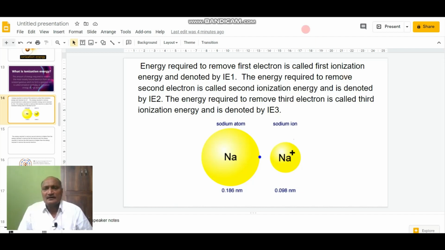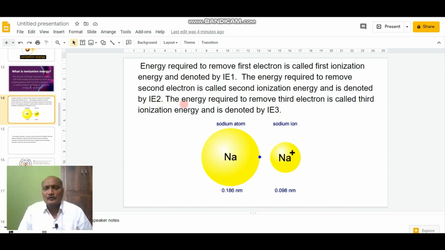The amount of energy required to remove the second electron is called the second ionization energy, denoted by IE2.